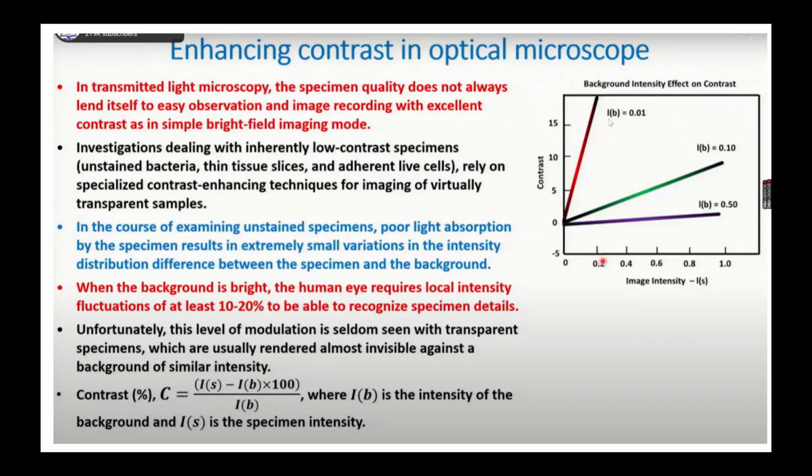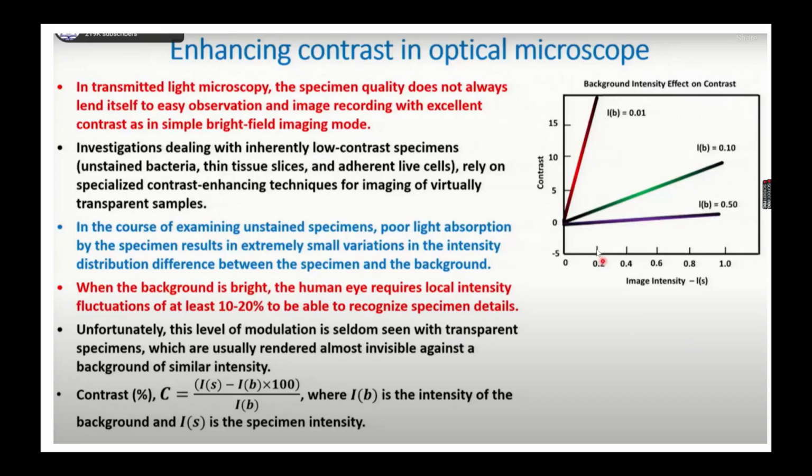So for example, suppose you have a background intensity of 0.5. For the same image intensity, the contrast is less. But when we go from 0.5 to 0.1 to 0.01, we are decreasing the intensity of the background.